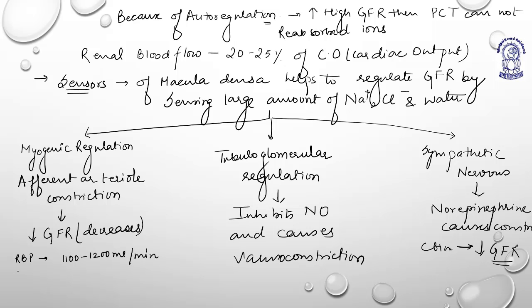The renal plasma flow is 670. Filtration fraction is 0.17, that is 16 to 20%.